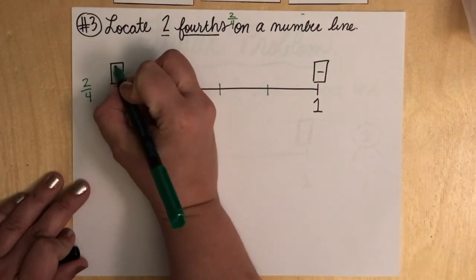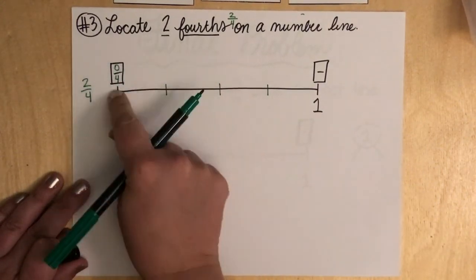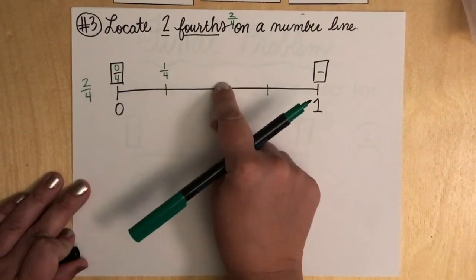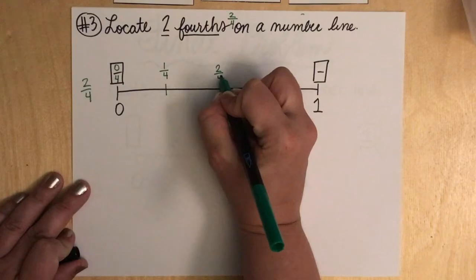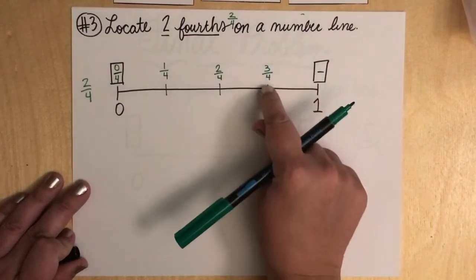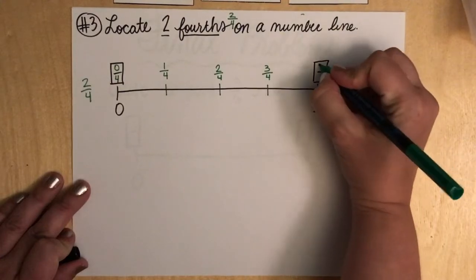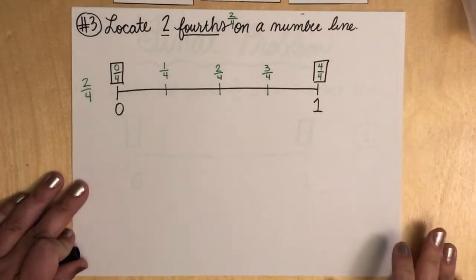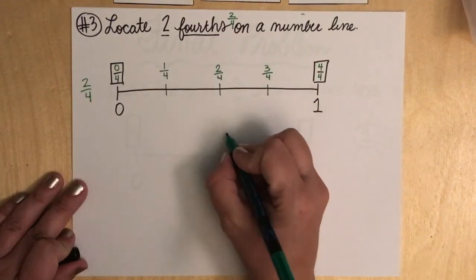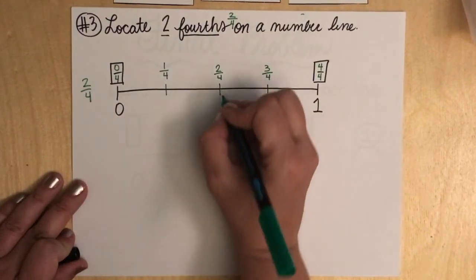Let's do this. So 0/4, 1/4, 2/4, 3/4, 4/4, or 1 whole. Now let's draw our number bond after we put our 2/4 on there. So where is 2/4?